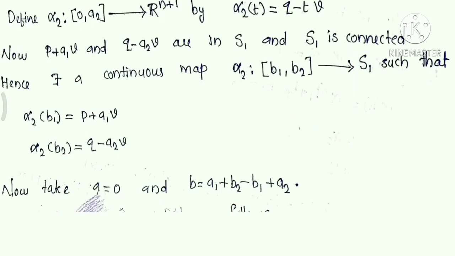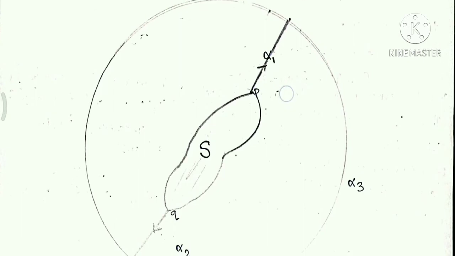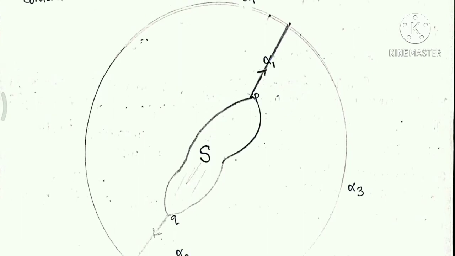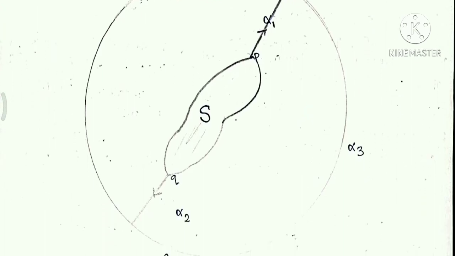Here we have 3 curves and we will construct our required function alpha from the closed interval AB into Rn plus 1 by joining these 3 curves. Consider the curve alpha 1 which is in the direction of V and join this curve with the curve alpha 3.